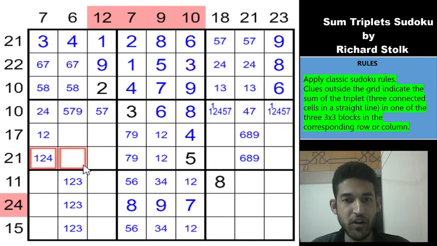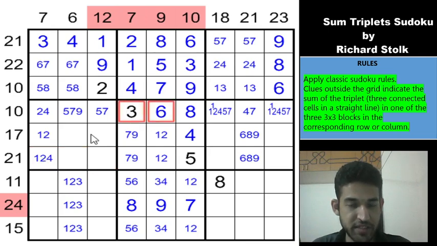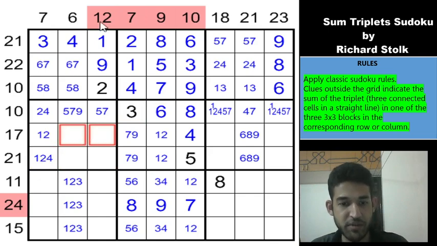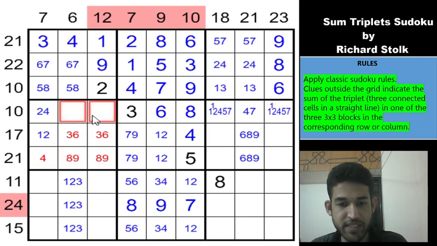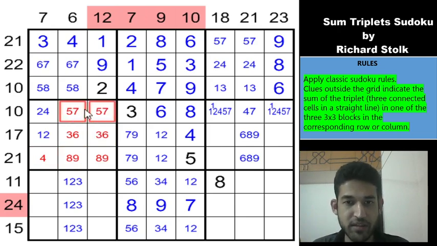So the 21 cannot be satisfied from these three cells, guys, because the moment 21 is here, this becomes 489, and you have the 36 here. So this becomes 36. Let me show you. So this becomes 36. This becomes 489, and this would be a 5-7 pair, right? The moment this happens, how do you satisfy the 10 total?